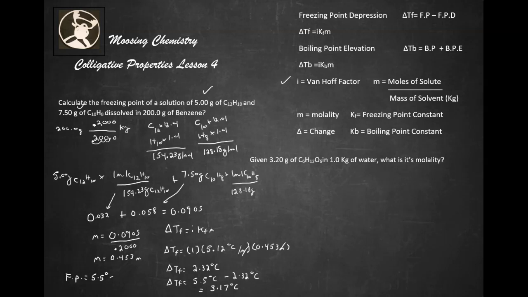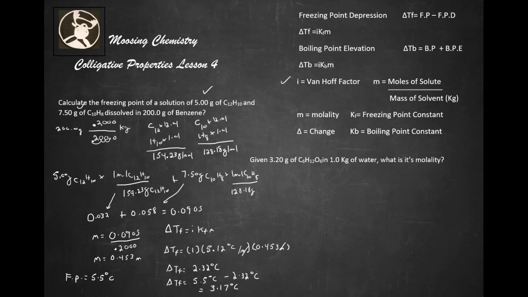When you add the C12H10 and the C10H8 together, it's going to depress the freezing point of benzene from 5.5 to 3.17 degrees C. And that's it for this particular problem. That was a lot of work. Now, let's look at the next problem.